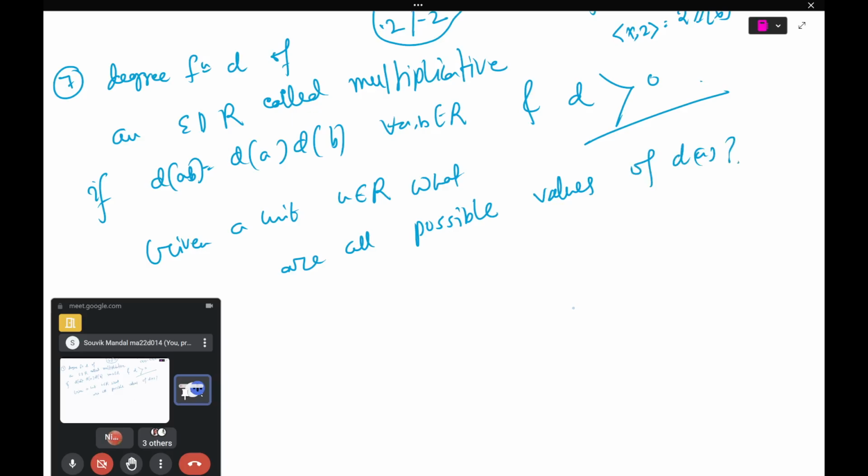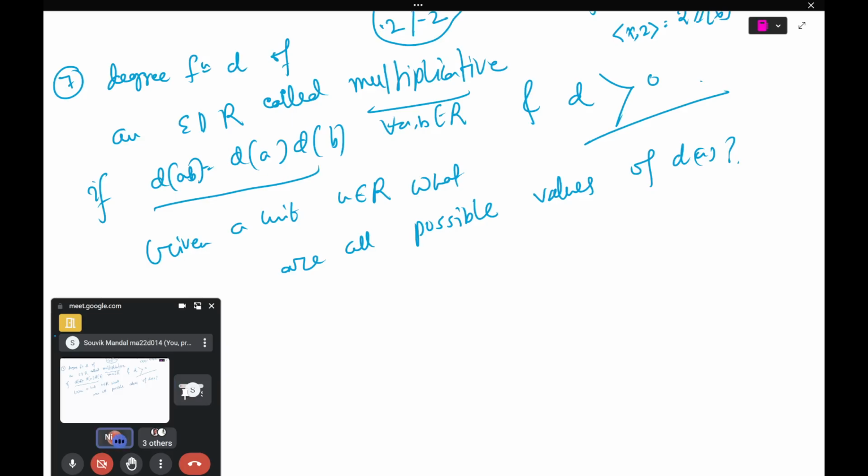For a Euclidean domain R, the degree function d is given. This degree function is said to be multiplicative if it satisfies the multiplication rule, and the degree function is given to be strictly positive.